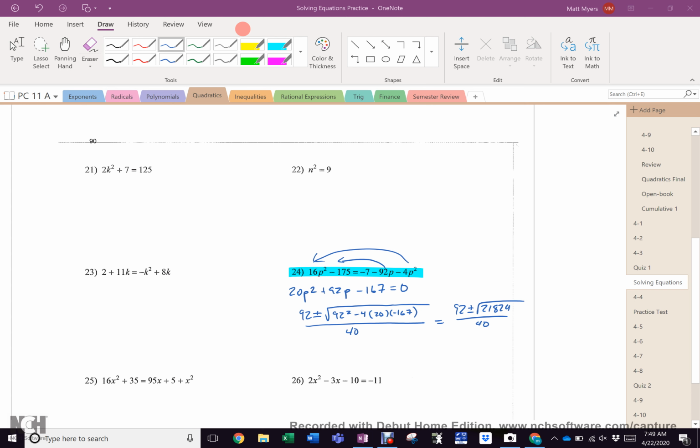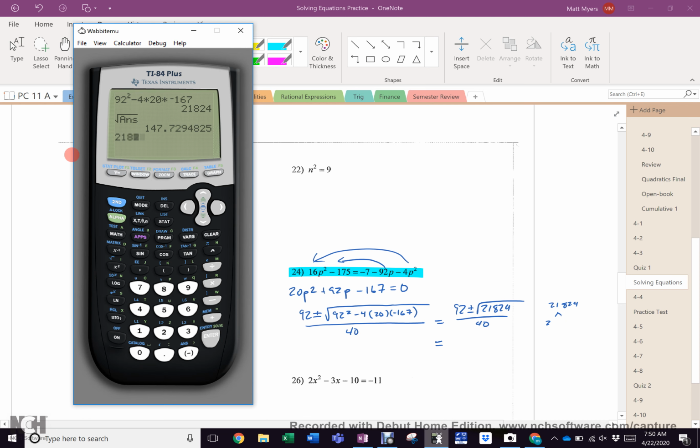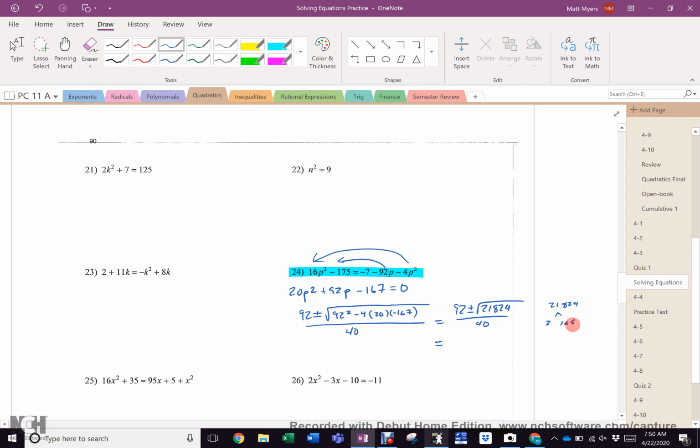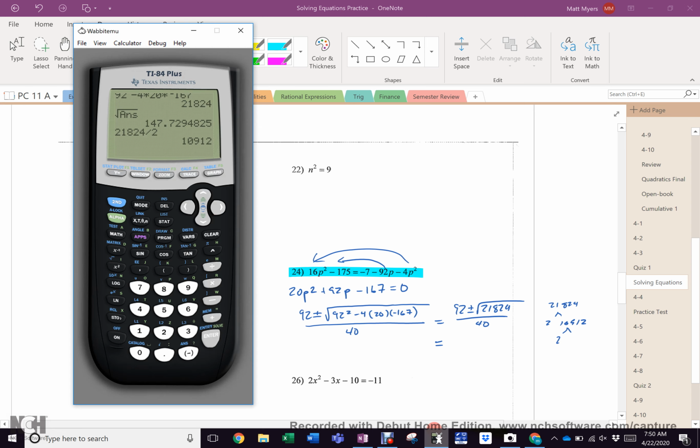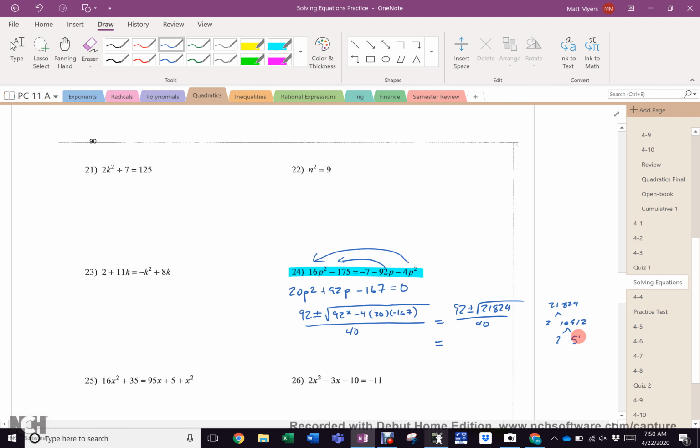Oh crap, it doesn't, so I've got to simplify it. If you stop there, remember, I'm giving you credit anyway, but if you want to go all the way through, you would take 21,824 and break it down to 10,912. 2 again, and I could do this in my head, but I'm tired and it's early. 5,456. 2.